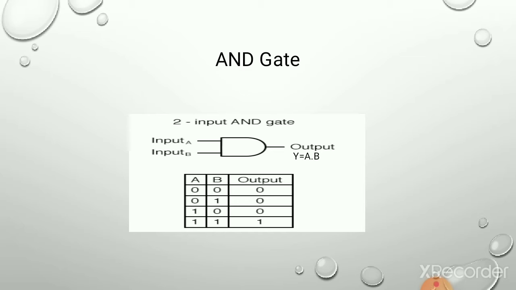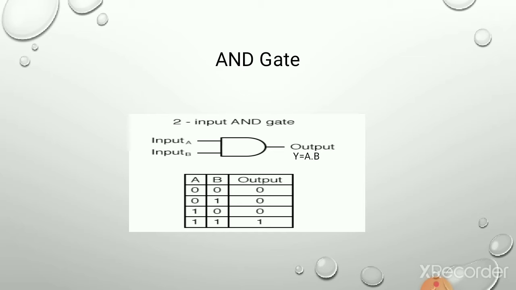Let's see the logical symbol and truth table. The logical symbol of a two input AND gate is as shown in this figure, and the truth table is also shown in this figure. Note that the output is high, meaning Y equals 1, only when both the inputs are high.